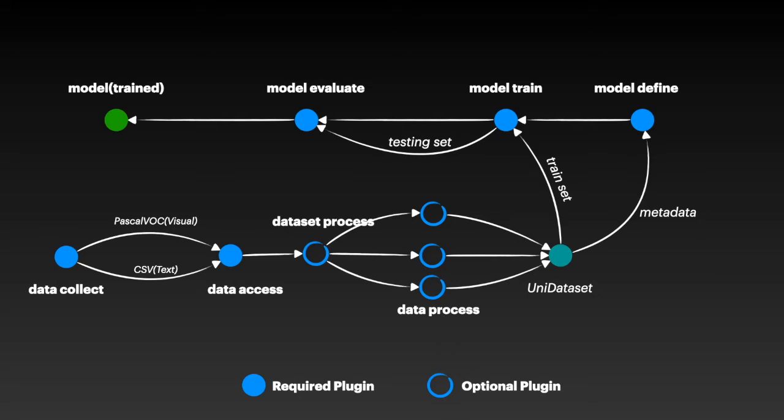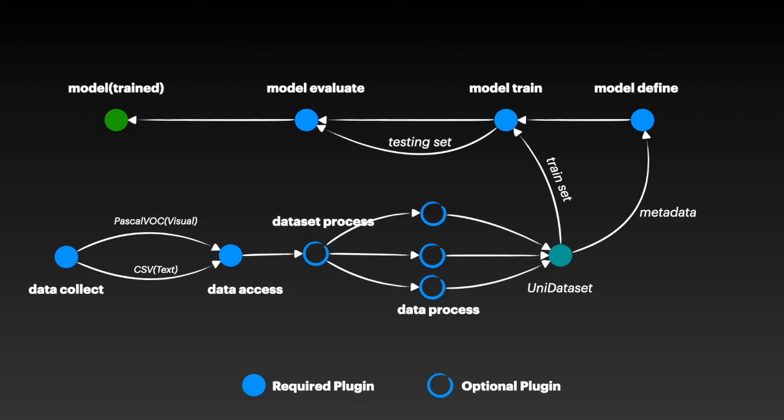Basically, data access tries to converge different data into a unified instance, and then we put this data access output into the dataset process, which will run the process on the whole dataset. After that, for each specific data sample, we will run the data process.